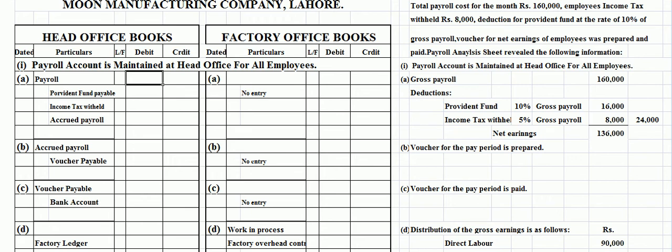The gross amount is 1,60,000 rupees here. And the credited amounts are provident fund payable, income tax withheld, and accrued payroll. The amount of provident fund payable is 16,000 rupees.